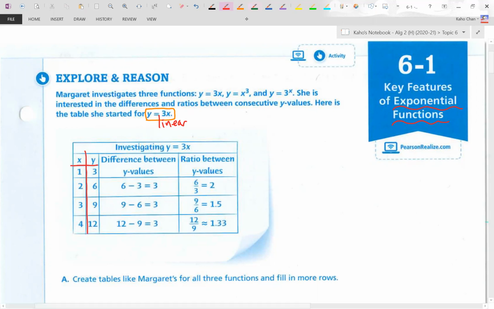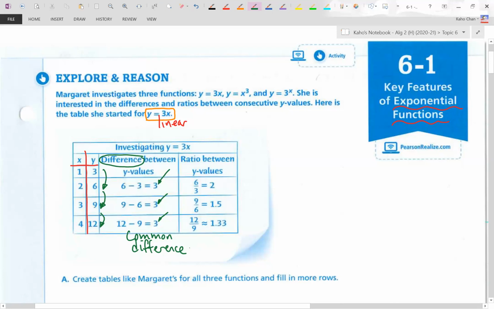The difference between one y value to the next is simply 3, right? Rise over run. And when we found that, it's basically taking the current value and subtracting the previous value. That, of course, is called the common difference that you learned about a while back.